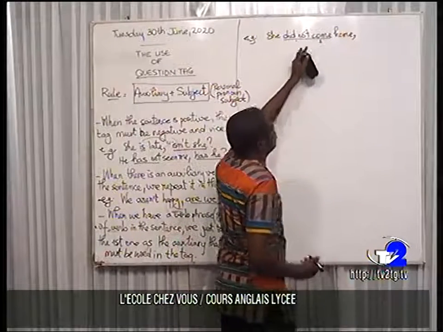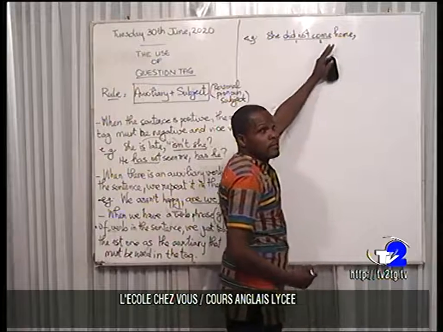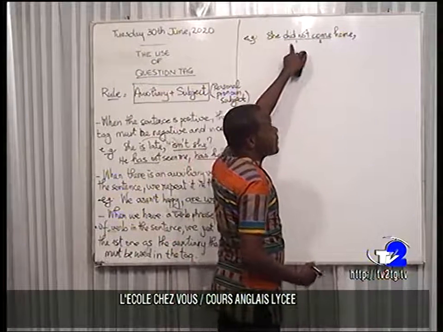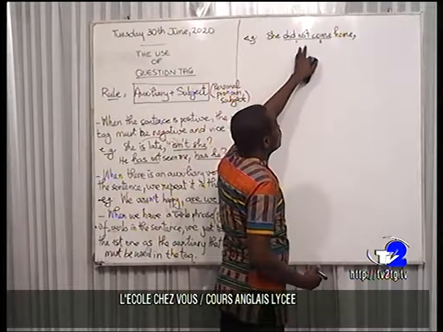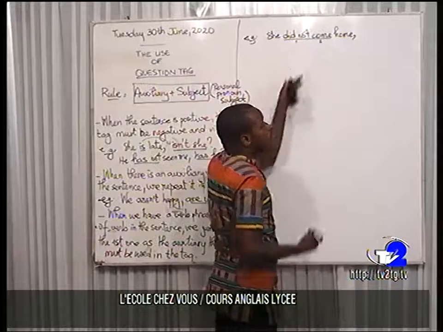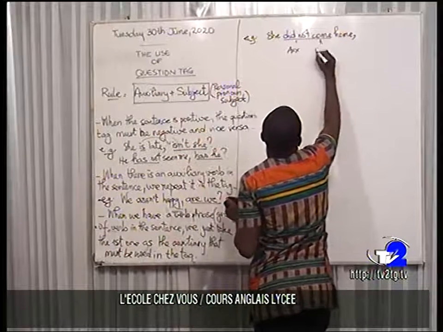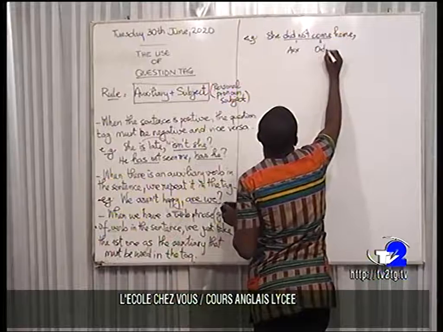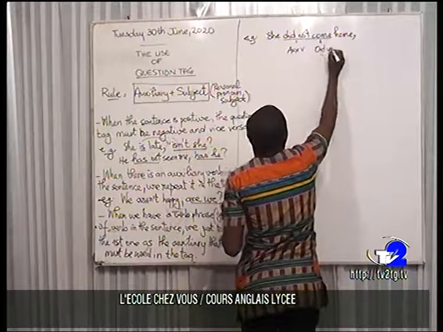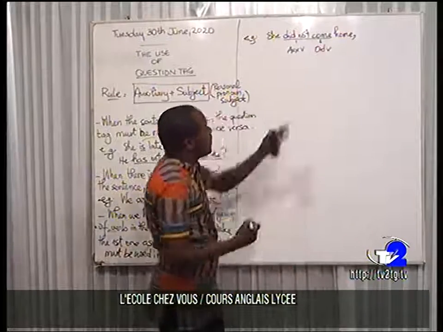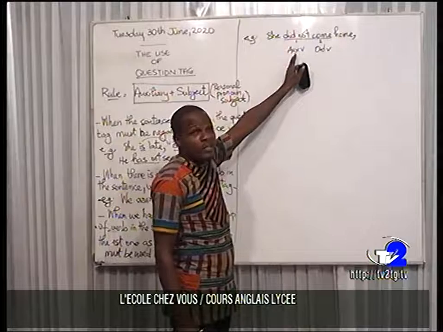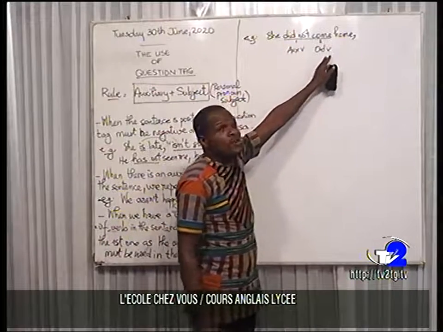When you have two verbs in a sentence, the first one is your auxiliary verb, and the second one is the ordinary verb.